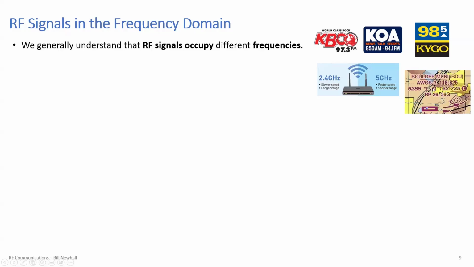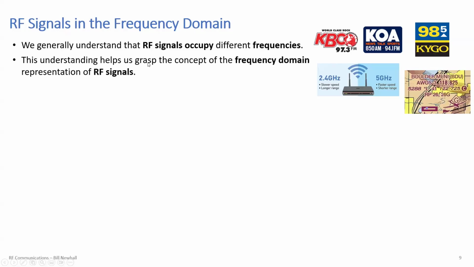So you see frequencies, we see these RF frequencies show up in our life, and they give us this idea that, well, RF signals convey information, then they occupy different frequencies.